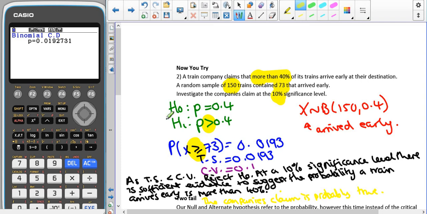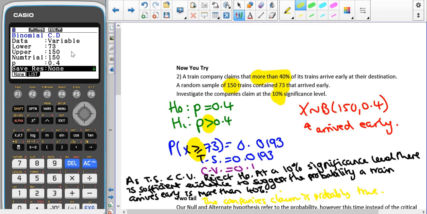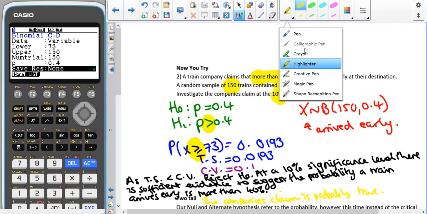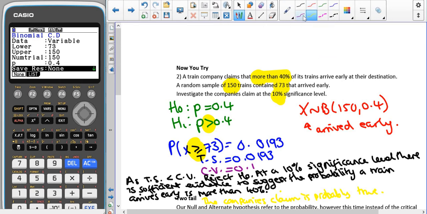73, which as you can see from a calculator here, if you've got one of the new ones, we can put 73 in the lower, 150 in the upper. The number of trials is 150 and the probability is 0.4. Just as a quick side note, if you have one of the older calculators, remember that to find this probability, we're going to have to do 1 minus the probability of X being less than or equal to 72, and then 72 will go in for your X. So just bear that in mind.